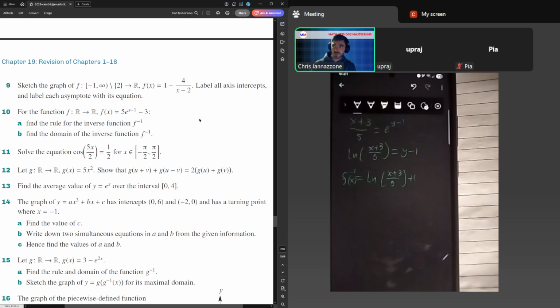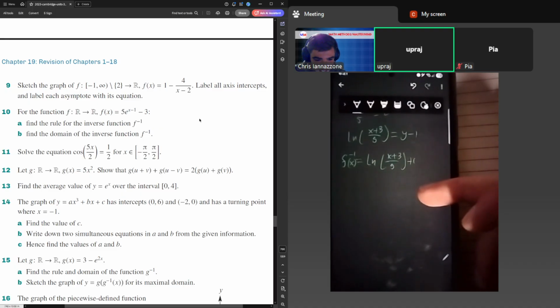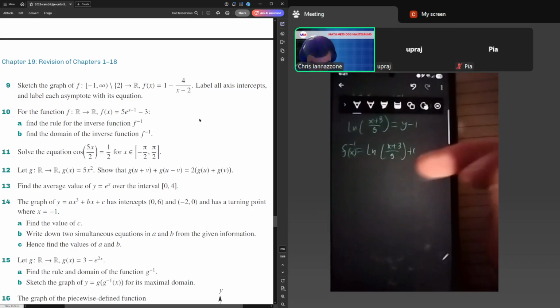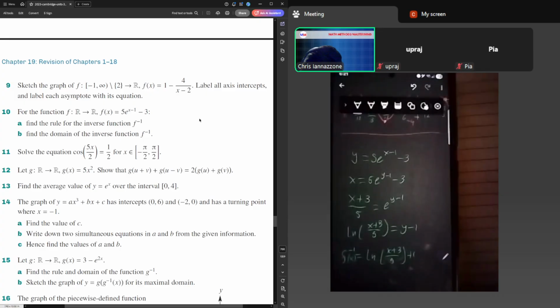You probably think it right, but it's the range of the original becomes the domain of the inverse. They don't swap positions, but it feels like a swap, right? You just take the range of whatever the original is and you make it the domain of the inverse. Yeah, I think that's what you meant. Yeah, that's fine. I just wanted to make it clear for everyone. That's what's happening. Yeah, absolutely.